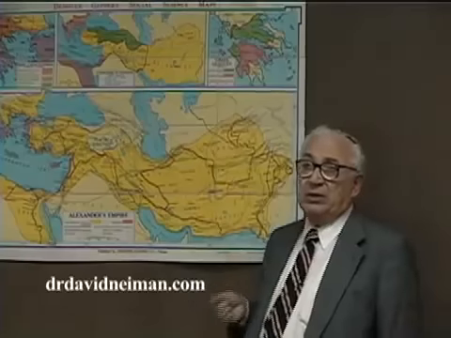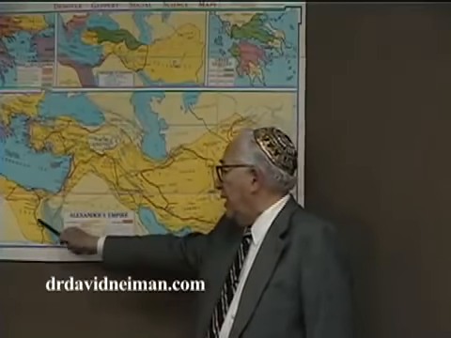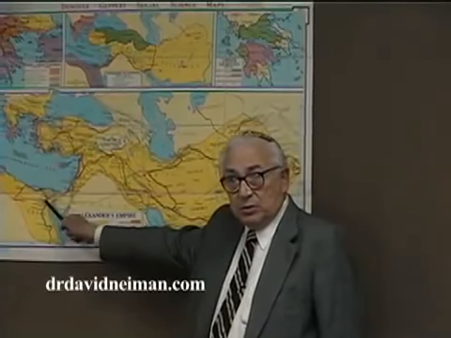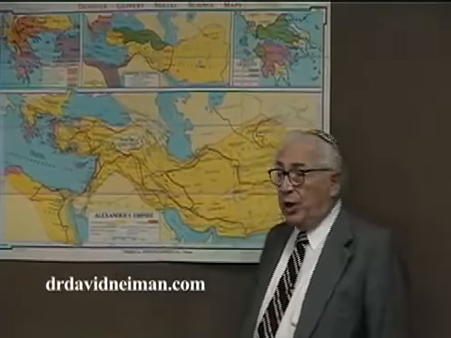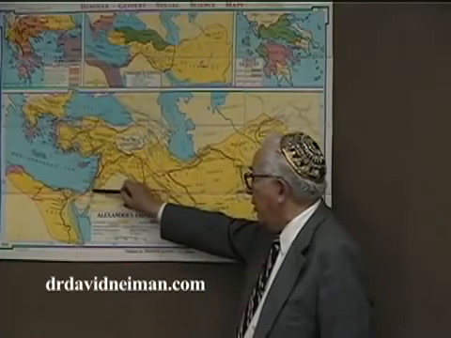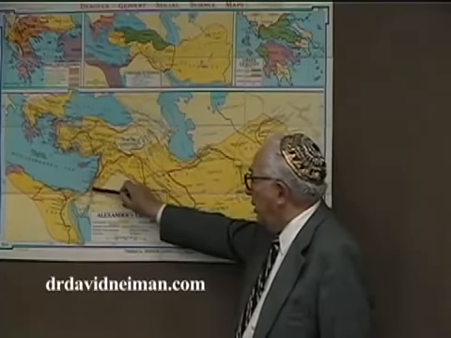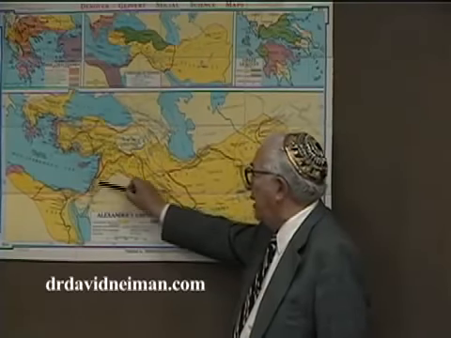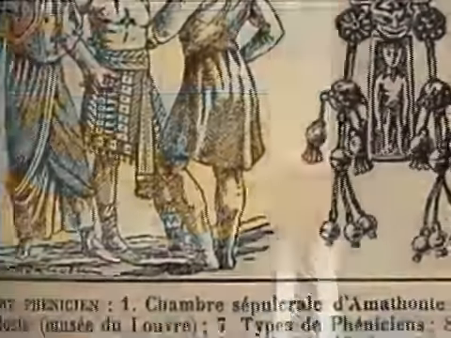The second one, almost contemporary, perhaps a few hundred years later, is in the Nile Valley in Egypt. The third is in the Jordan Valley, which is a very small area, and out of here developed the civilization the Greeks called Phoenician.